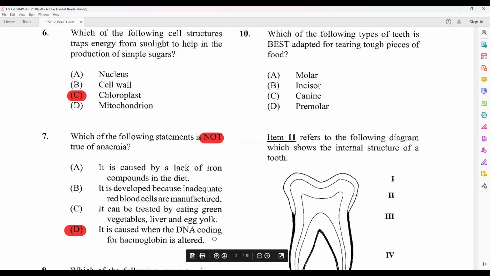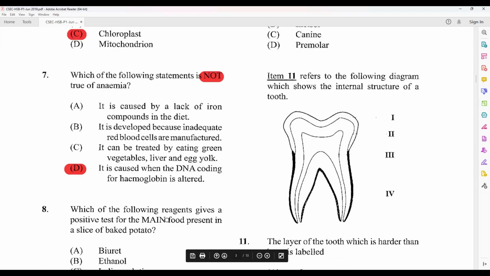It is caused when the DNA coding for hemoglobin is altered. All right. If this had gone on to say sickle cell anemia, if this was specific to sickle cell anemia, meaning they're talking about chromosomes, then this would have been true. But as it stands, just reading this statement, it is caused when the DNA coding for hemoglobin is altered. That's not true.